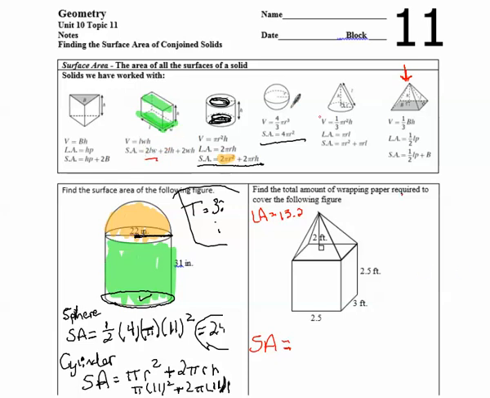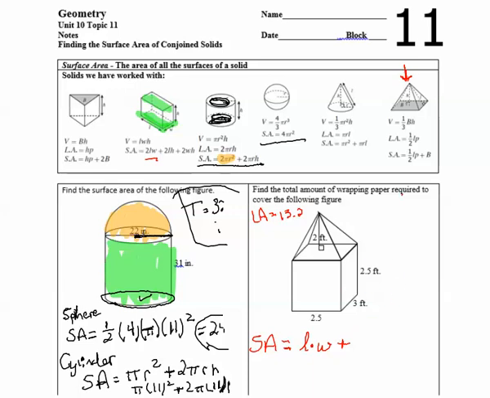Hopefully that makes sense. The length times width goes right here and right here, so the side that those form is this bottom part right here. And then you want the one parallel, so in my picture it's the bottom and the top. I don't want the top. I just want the bottom. So I just want one length times width.